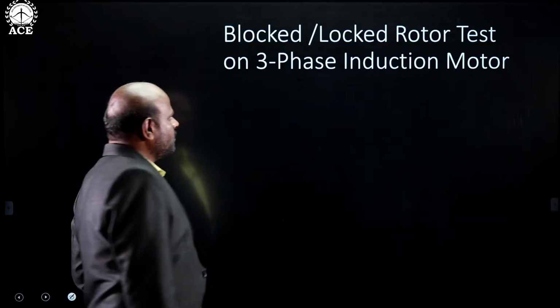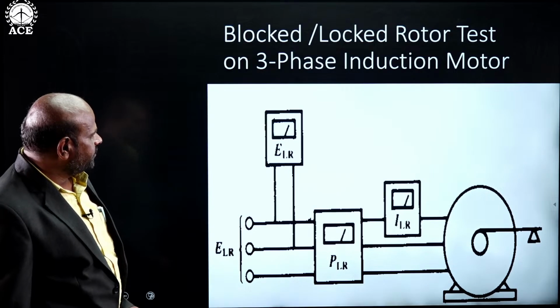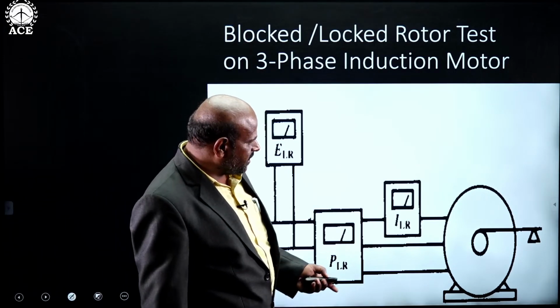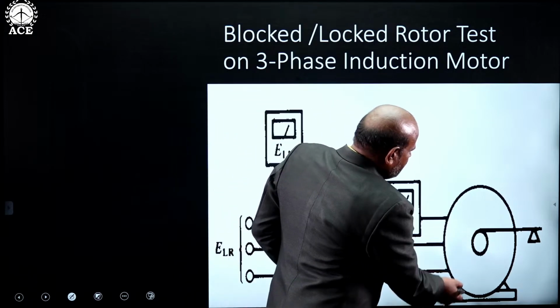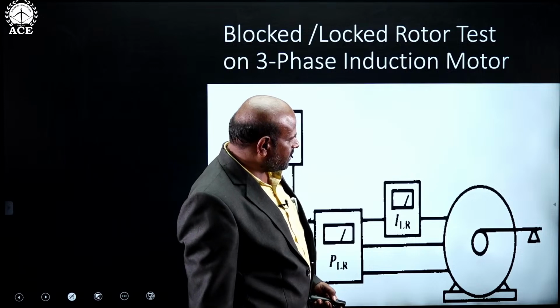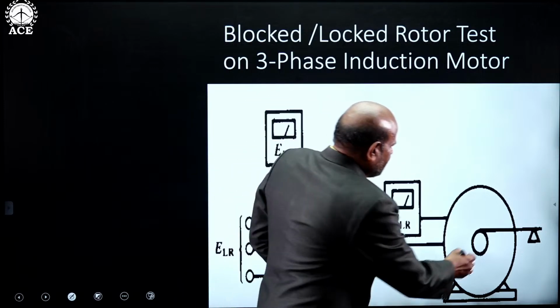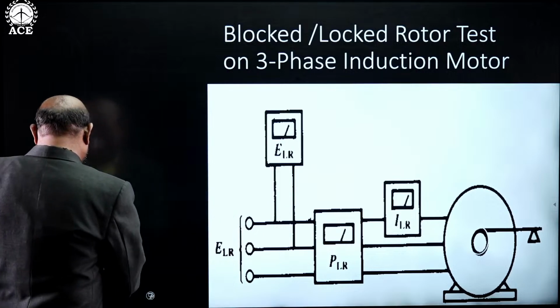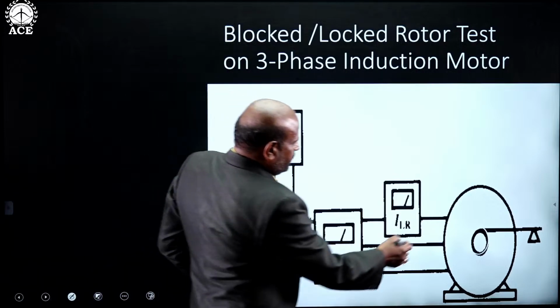Then go for blocked or lock rotor test. So in this test, we are using squirrel cage or slip ring induction motor. The rotor is blocked with the help of 3-phase resistive load here. So this is the rotor is blocked, and this is the stator.